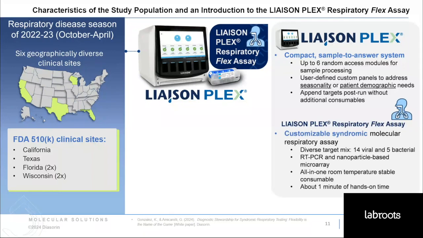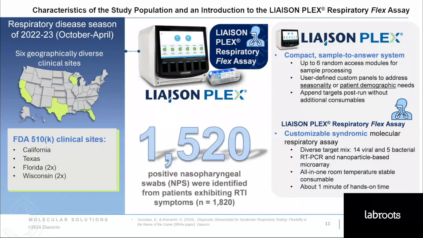The Respiratory Flex assay is also a new customizable syndromic molecular panel. The panel allows the detection of 19 respiratory targets, 14 viral and 5 bacterial, all in one small consumable.